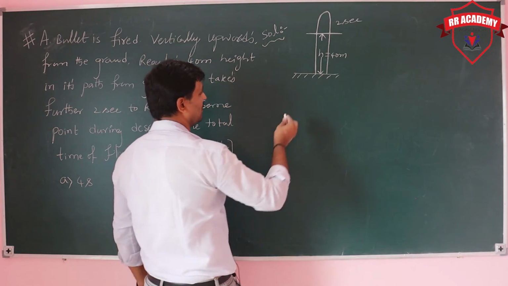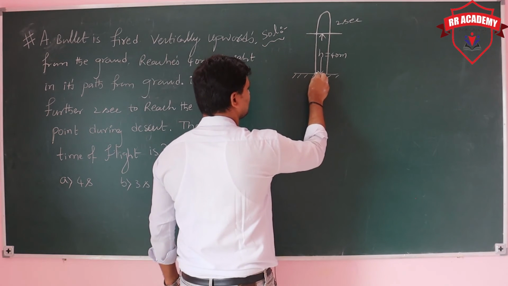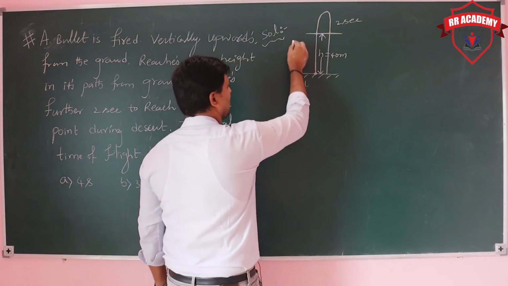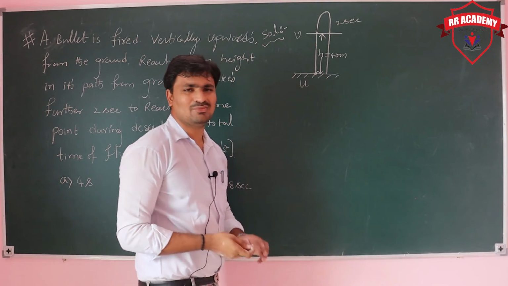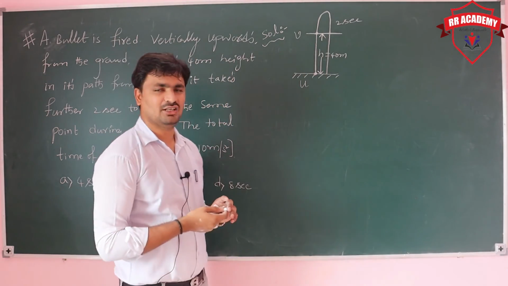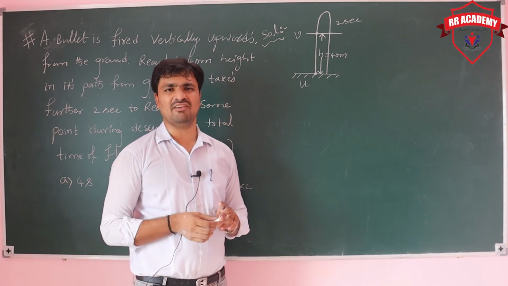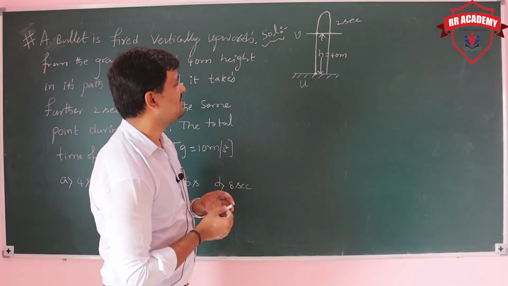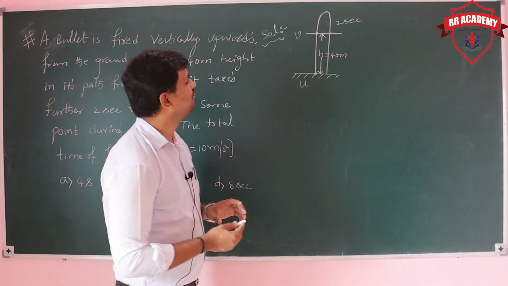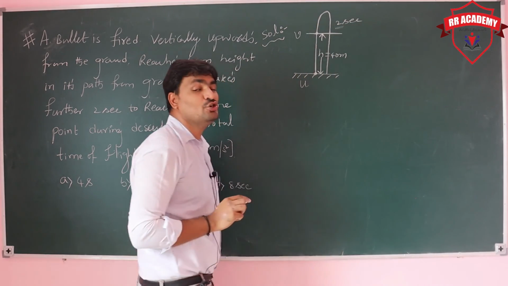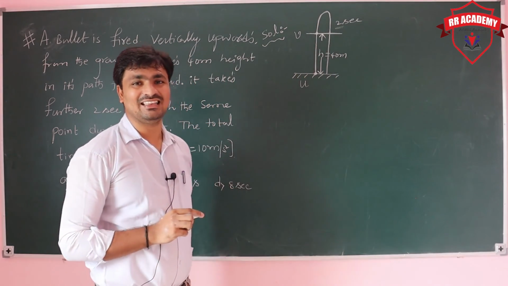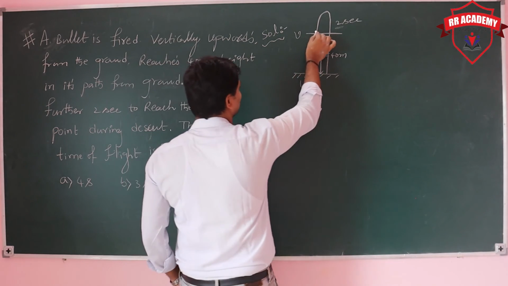But you can do one thing. Here I am considering initial velocity u, and here final velocity v. Is it possible to find the value of v or not? Yes, you can. From here to here, how much time? 2 seconds. You can treat it like a time of flight, because it is crossing the same point.